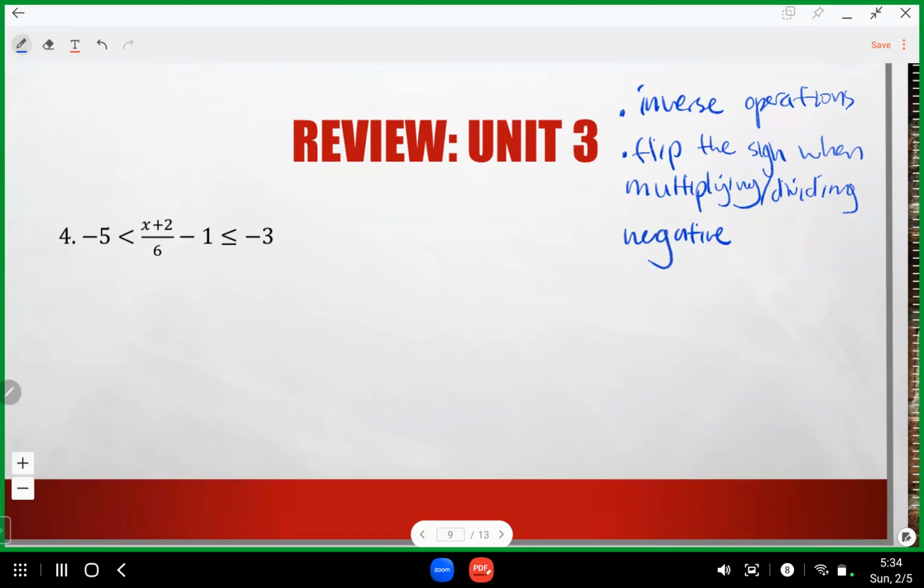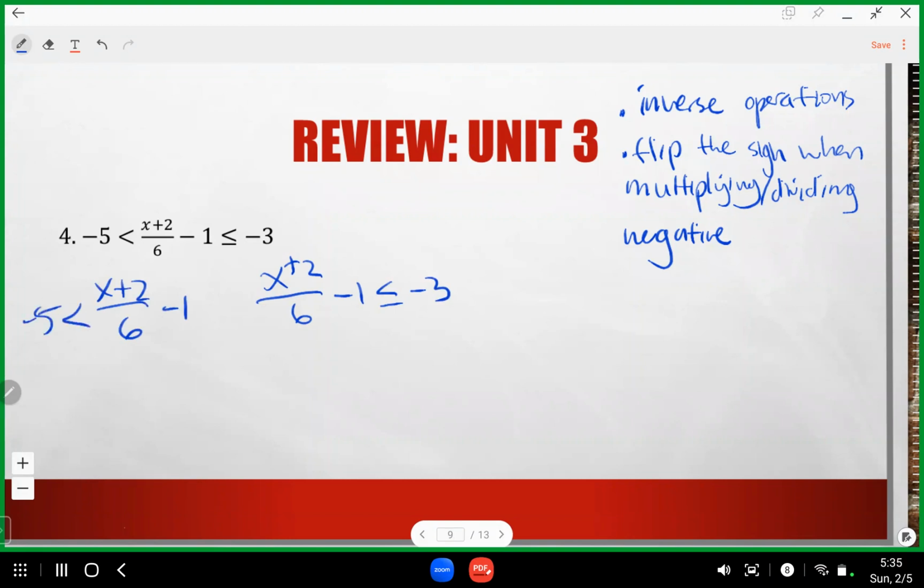All right. And this is just a compound inequality. One thing that is nice about compound inequalities, since it's two inequalities just mushed together, is that you can actually solve them simultaneously. Since this is just going to be equal to x plus 2 over 6 minus 1 is less than or equal to negative 3, and x plus 2 over 6 minus 1 is greater than negative 5.